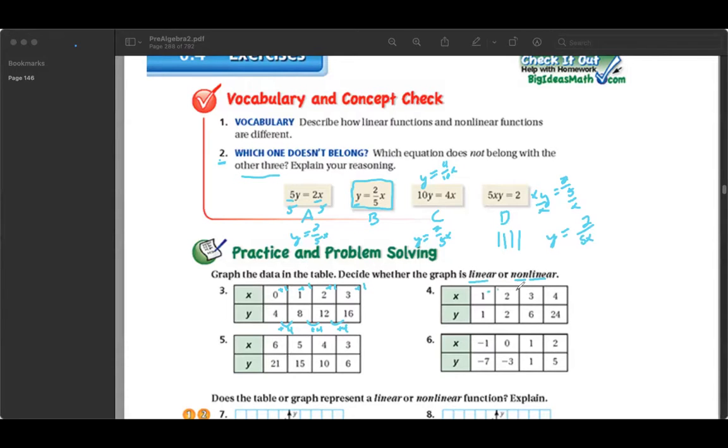What about this one, number 4? It looks like we still go up 1 for our x's, but our y looks like it goes up 1 and then 4, and then it goes up 18. So is this linear or non-linear? Oops, this one's linear. Anyone else? Julia, what do you think for 4? Think this is linear or non-linear?